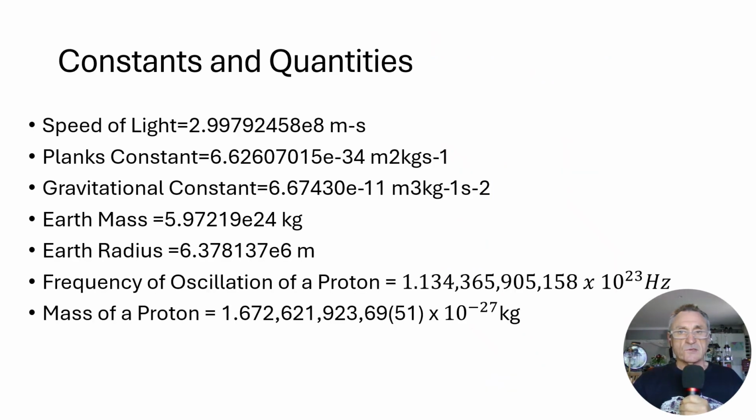These are the only constants and properties we require to calculate quantum gravity: the speed of light, Planck's constant, the gravitational constant, the mass of the Earth, the radius of the Earth, the frequency of oscillation of a proton, and the mass of the proton.